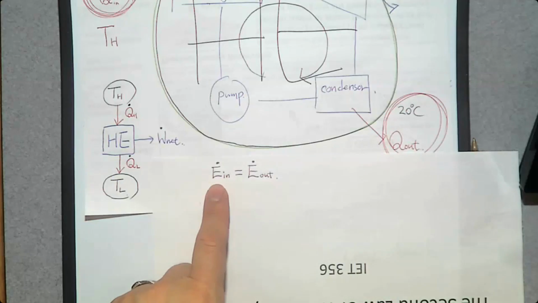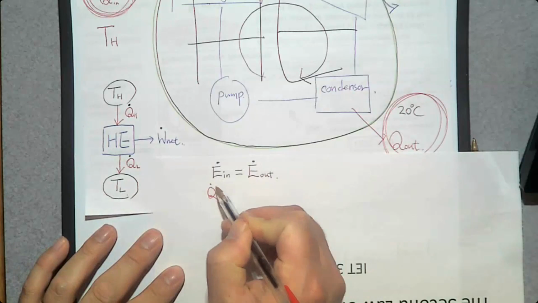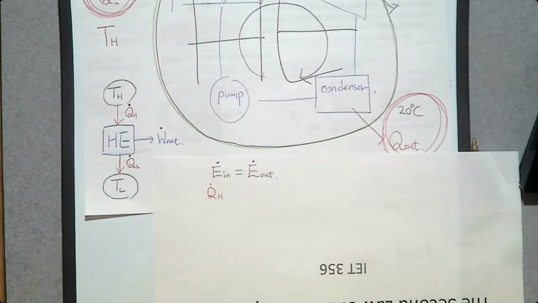So what kind of energy transfer is in? To determine whether energy transfer is in or out, you can just look at the arrow. So how many go into this heat engine? There's only one arrow going into this heat engine. That is Q dot H. So we have Q dot H that goes in.